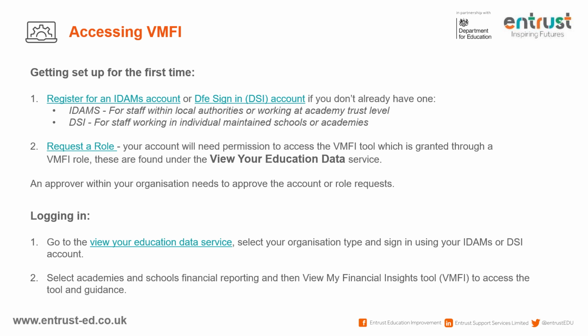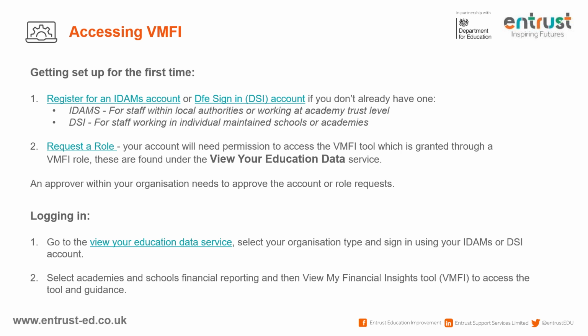Once you have an account, you also need to ensure you have the relevant role. These can be requested under the View Your Education Data service. Once requested, an approver, which will be someone within your school, probably within an admin role, will need to approve the request.